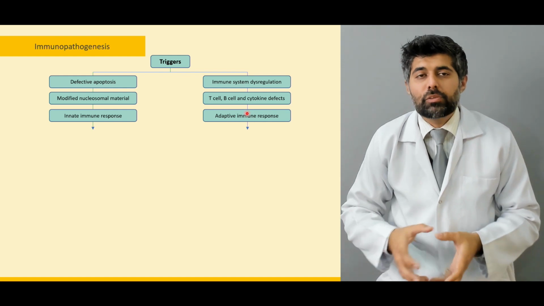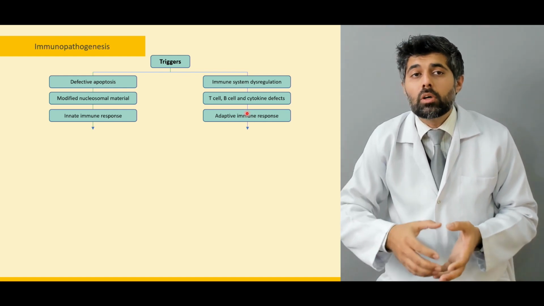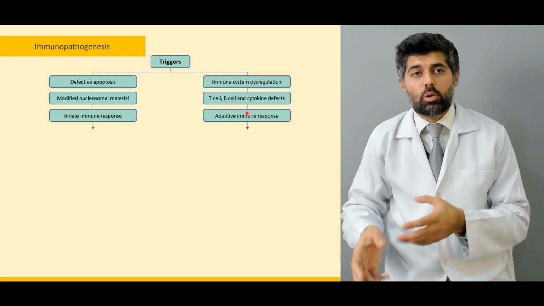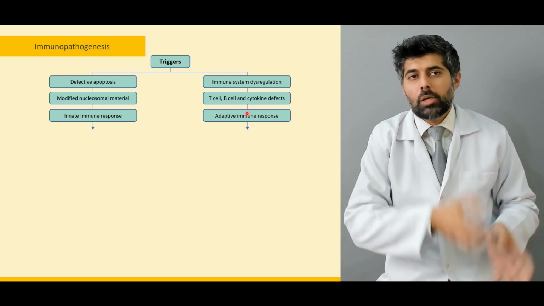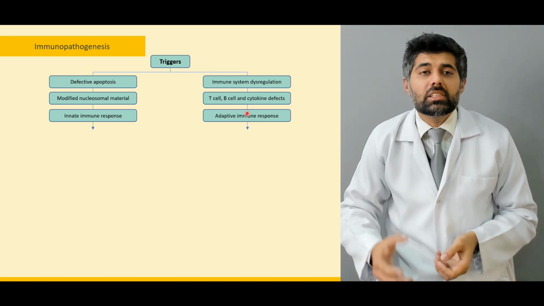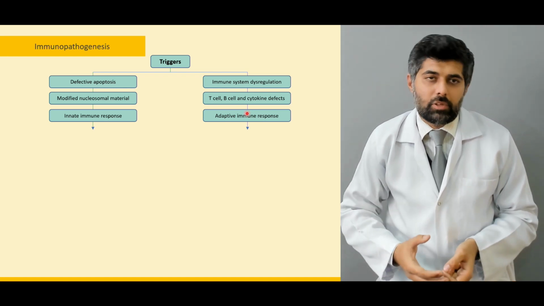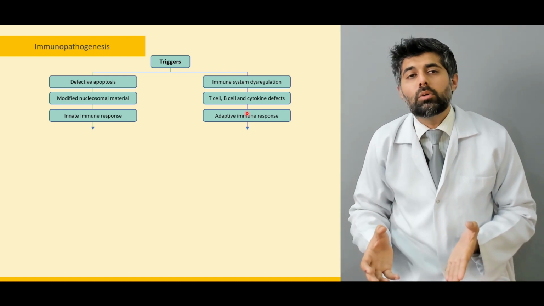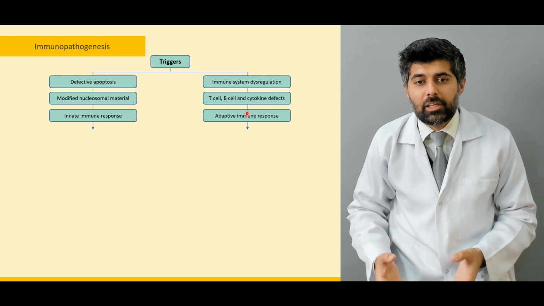Now, because of the lower threshold for the immune response and the formation of the abnormal immune pathways, this activates the adaptive immune response. So, the other component of the immune system is also activated.